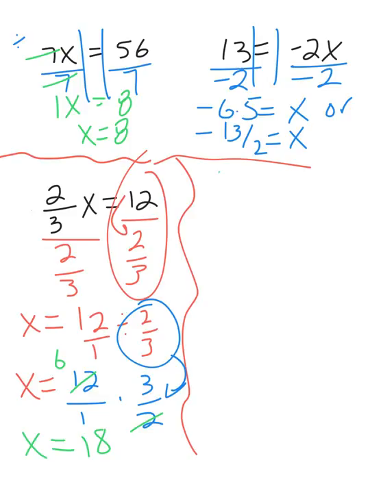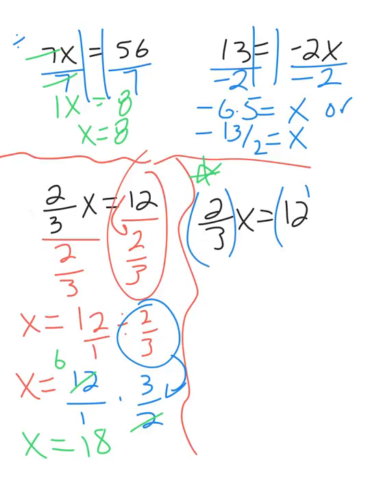But what I'm going to show you over on this side is a little bit of a shortcut. So going back to the original problem, instead of saying this is a multiplication problem solved by division, all I'm going to do is multiply by the reciprocal, which means I'm going to multiply this by 3/2 and this by 3/2.